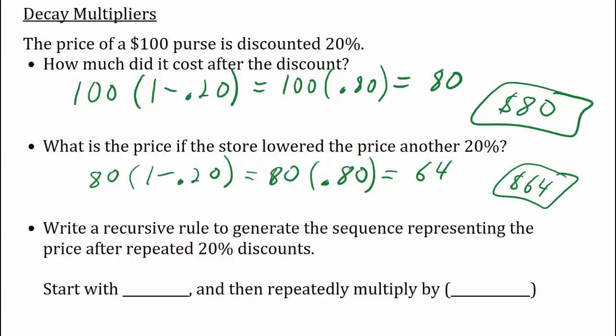Alright, moving on. Write a recursive rule to generate the sequence representing the price after repeated 20% discounts. Start with 100, and then repeatedly multiply by 1 minus 0.20, which is the same as repeatedly multiplying by 0.80.